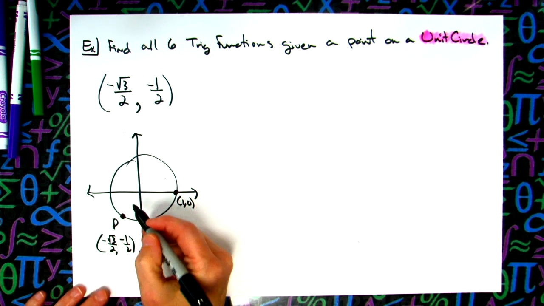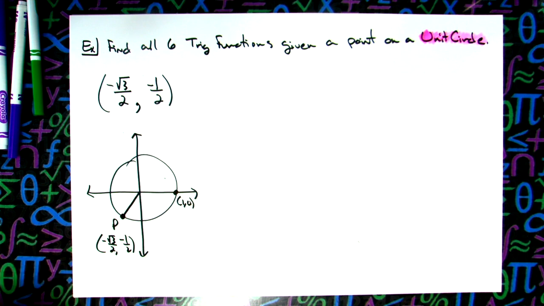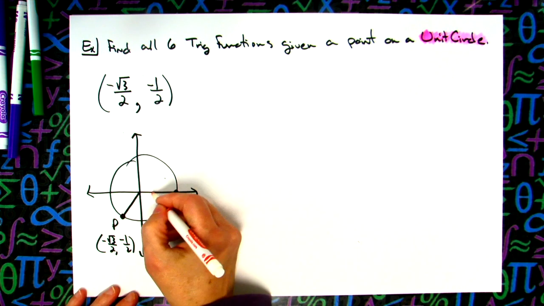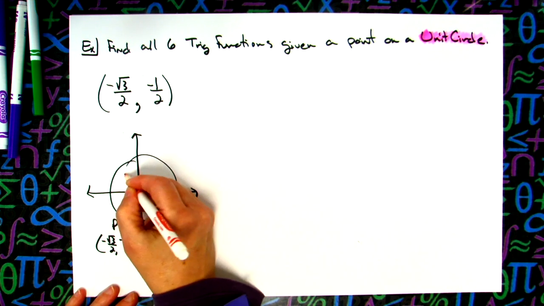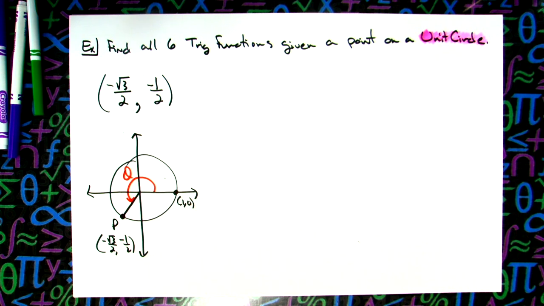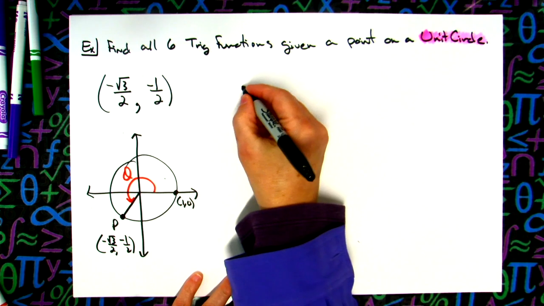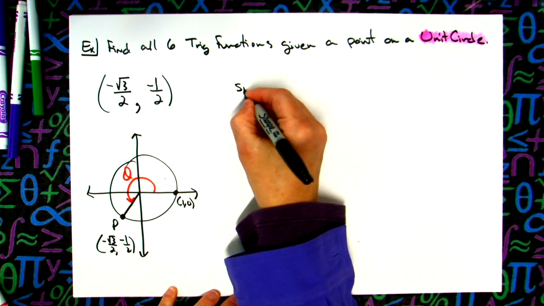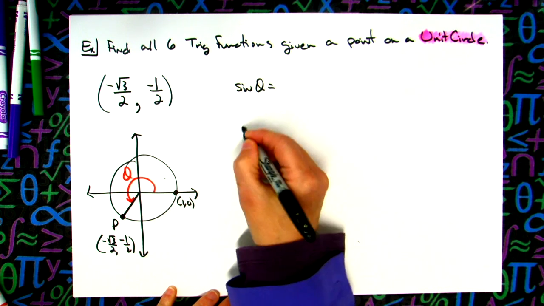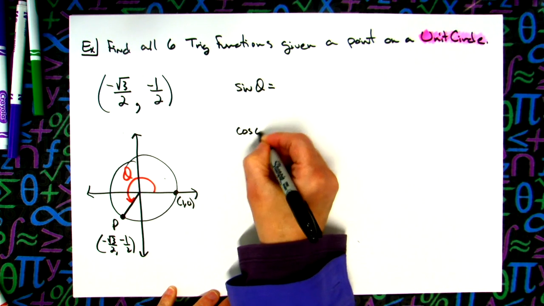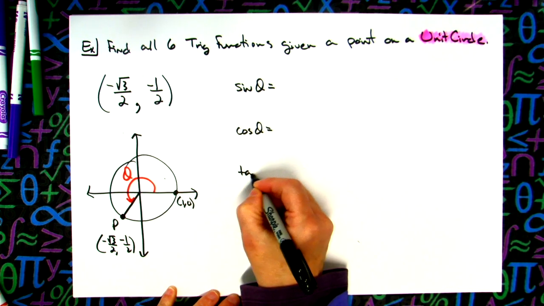Now, did it form an angle? It does form an angle, in standard position, going counterclockwise around. There's my theta. Now, I want to find all 6 trig values. So I want to find the sine of theta, the cosine of theta, and the tangent of theta.